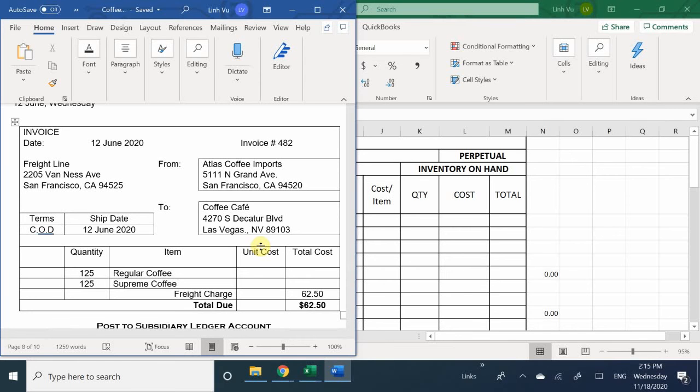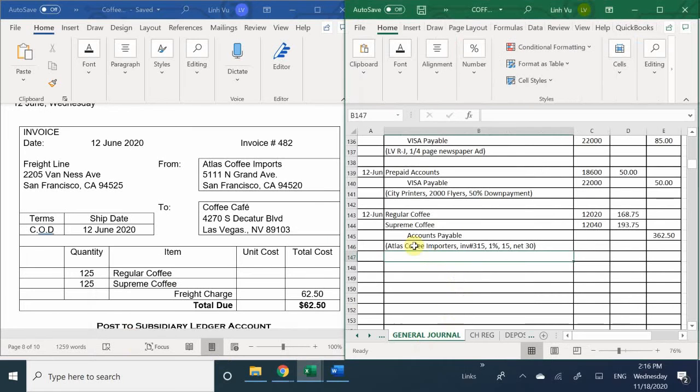So how are we going to journalize this in particular? It's just going to roll into our inventory. Good. So how am I going to journalize this?